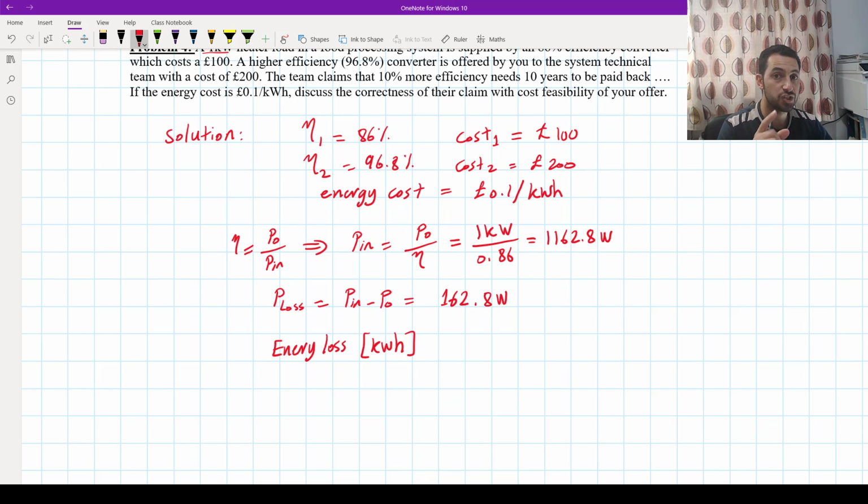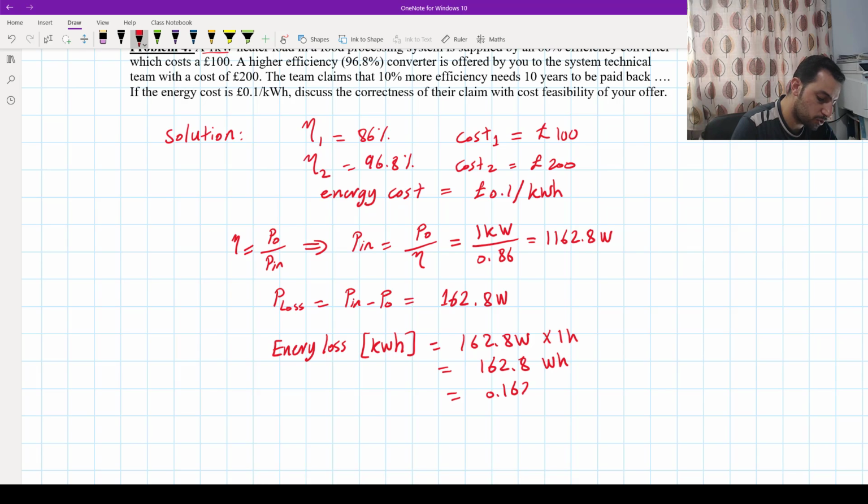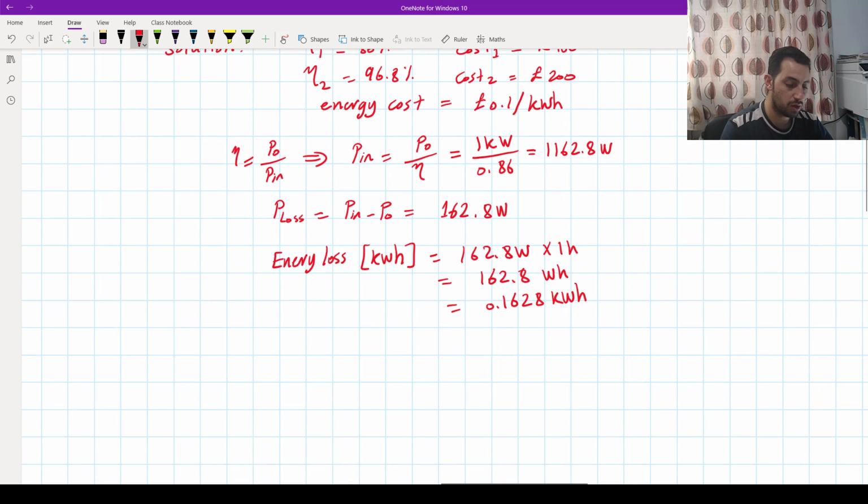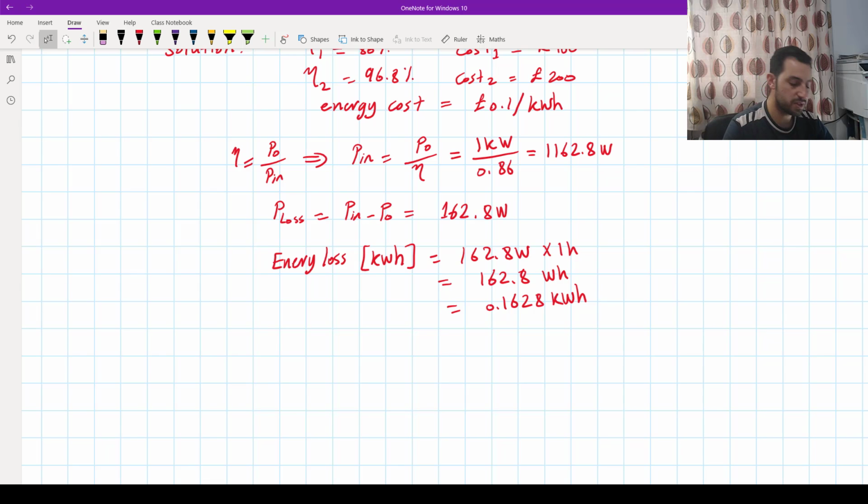Kilowatt hour is energy, not power, so be careful with this. It equals 162.8 watts times 1 hour, which equals 162.8 watt hours, and that will equal 0.1628 kilowatt hour. So this is the energy loss, but how much it costs we will see now.